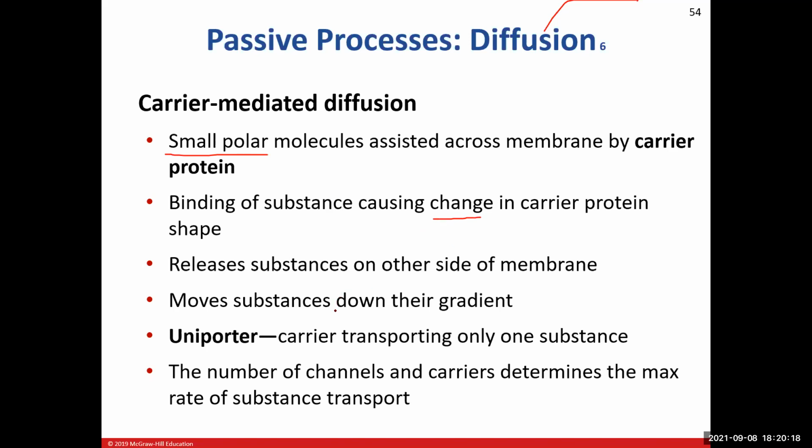Same principles, everything's going to move down the concentration gradient. If that carrier protein is only going to move one substance, we refer to it as a uniporter. And so this comes into consideration clinically for folks like with diabetes and whatnot.